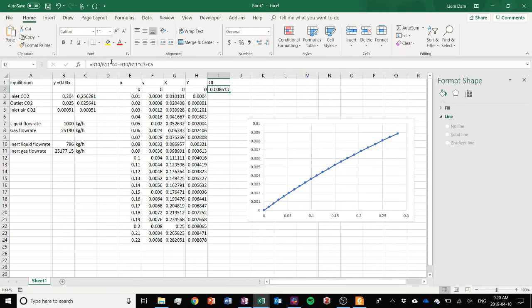And now we just need to make sure that most of these formulas will stick when we drag them down. So there we go. And the slope is actually negative, so let's add the negative sign there. And here we go.